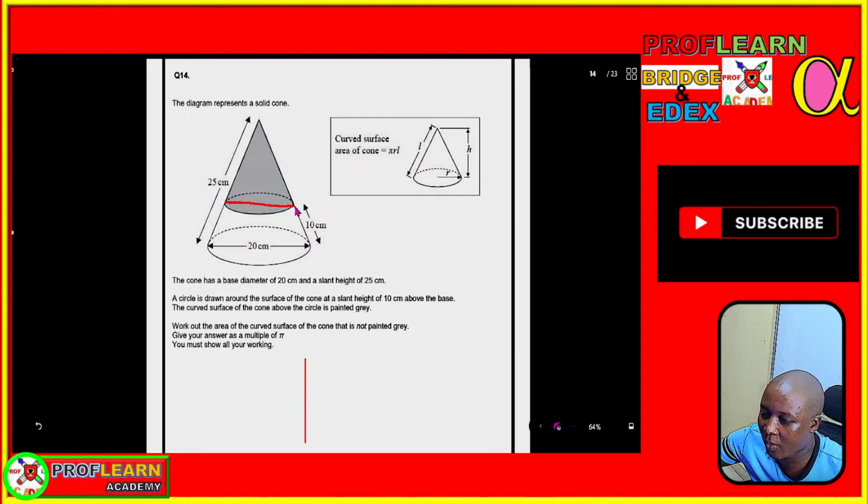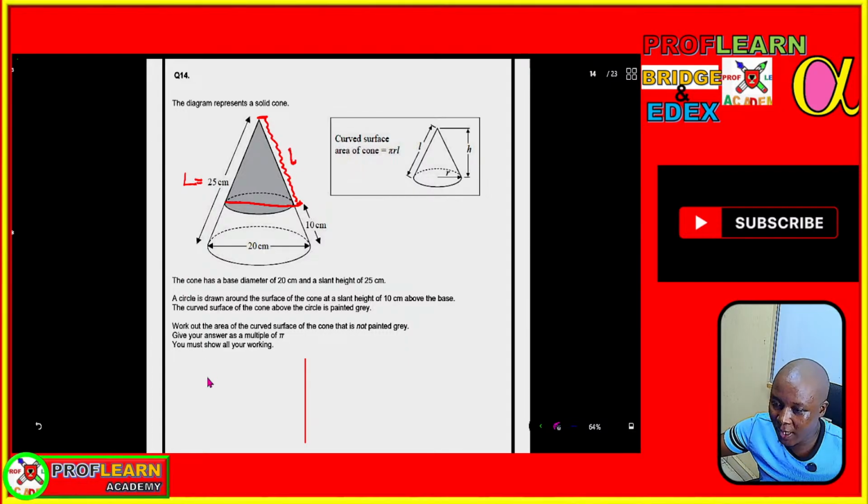Let me first find the slant length of this small cone. This I'll call capital L, and this I'll call small l.